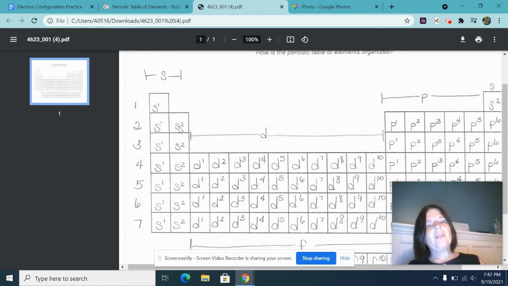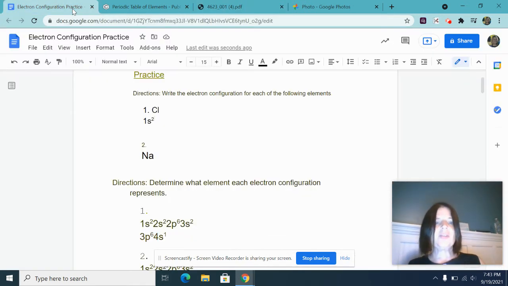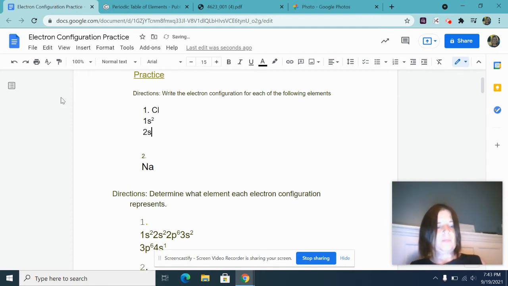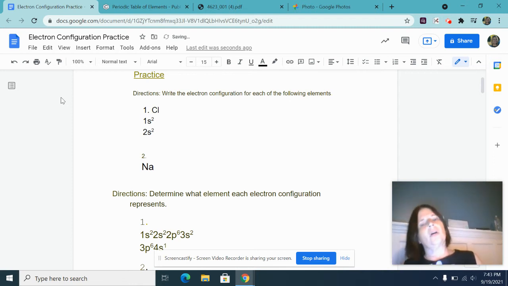So again, following that rule, it says jump to the end and write down this piece of information. So we're going to write down 2s2. And so that will be the next group of 3 that we are writing down for our electron configuration for chlorine.